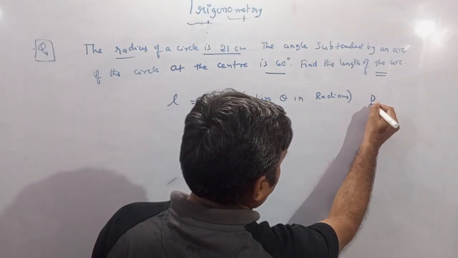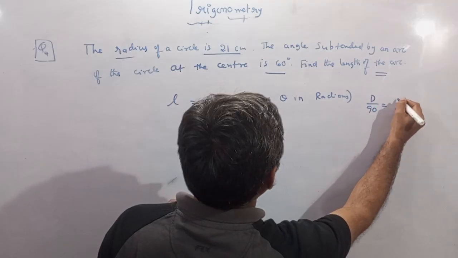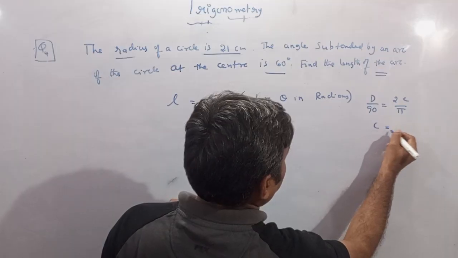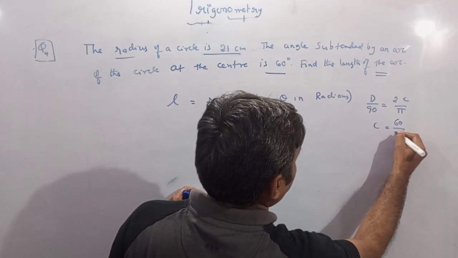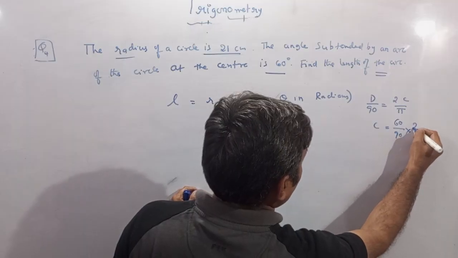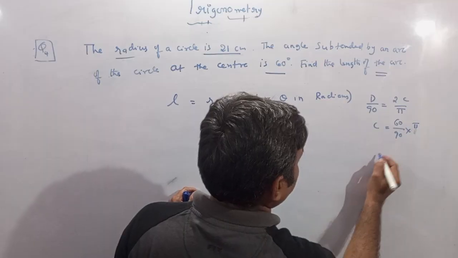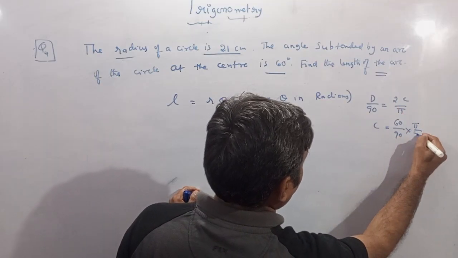Degree by 90 is equal to radians by pi by 2. The degree is 60, so 60 by 90 into pi by 2.